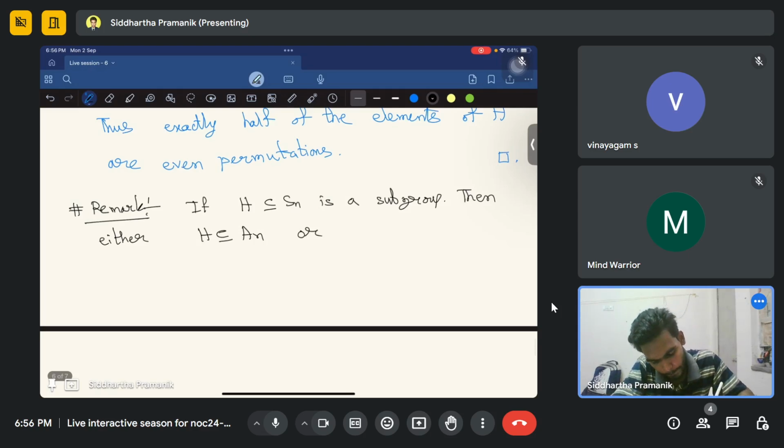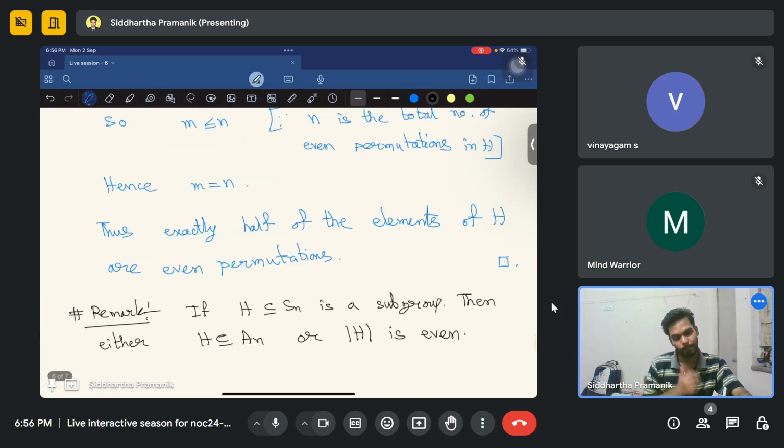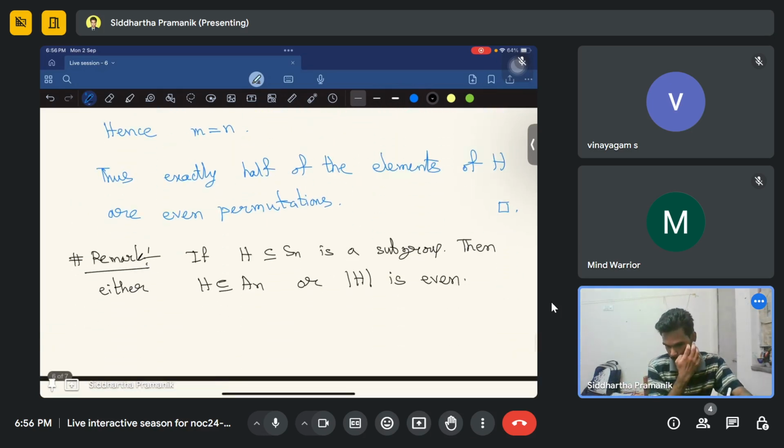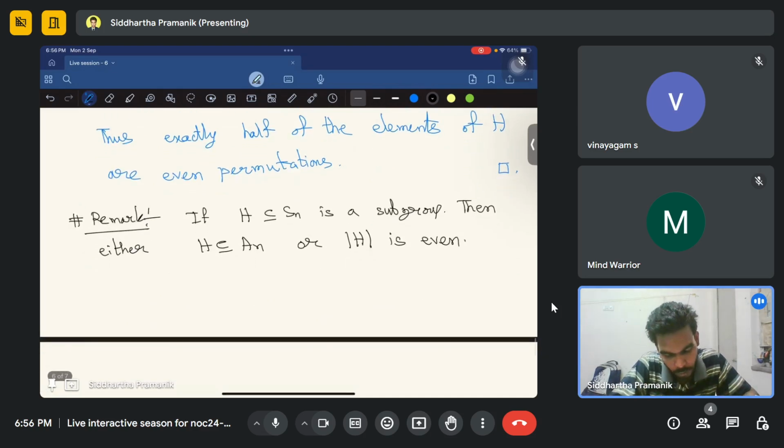So the order of H is even. So either H is a subset of An or the order of H is even. Are you able to see this?